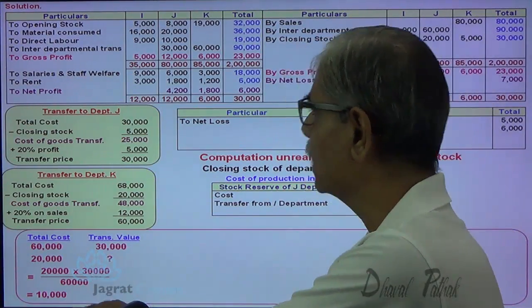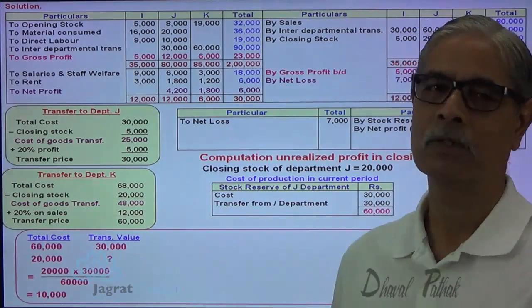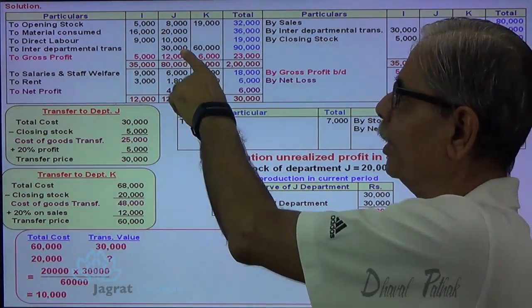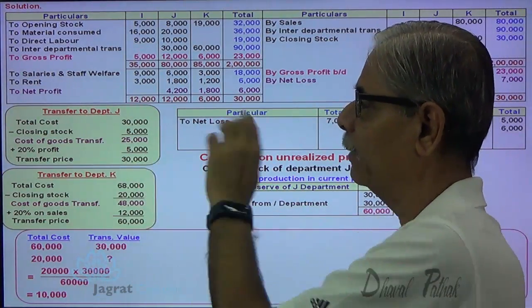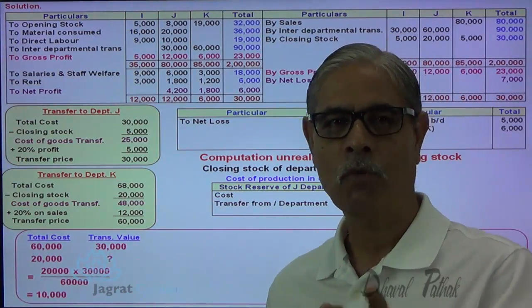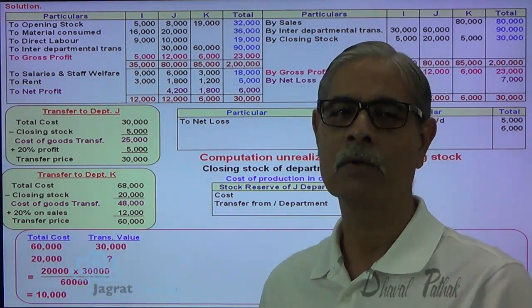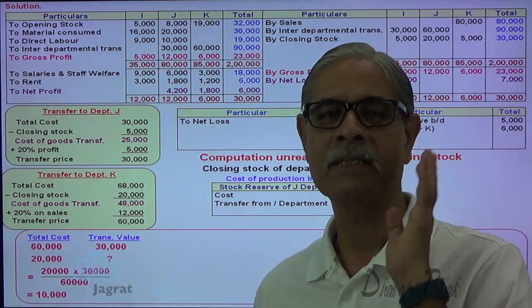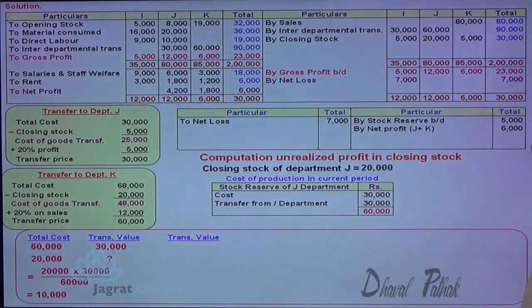So this 10,000 is a part of this 30,000. Now in this 30,000, the profit element is 5,000. So what is the profit element in this 10,000? That is known as unrealized profit. So if the transferred value is 30,000, then the profit element is 5,000. How much for 10,000? This is the unrealized profit.